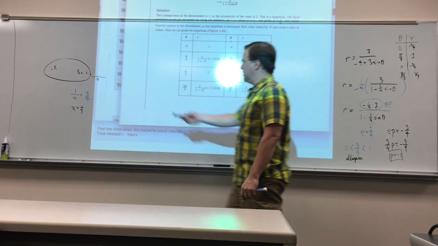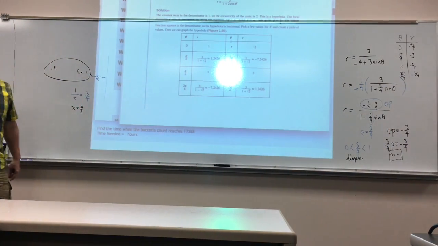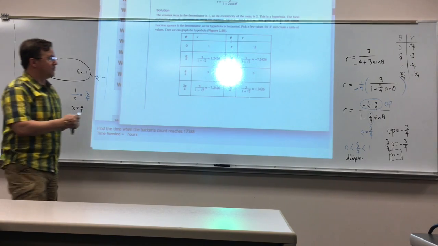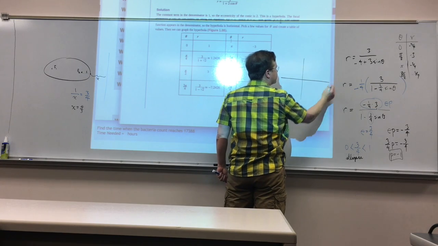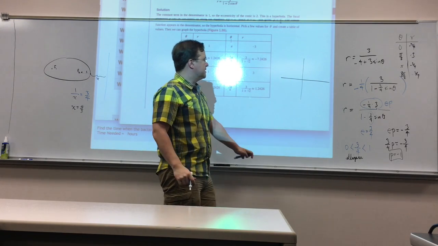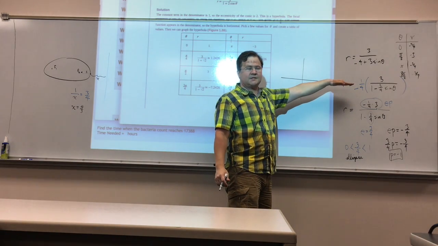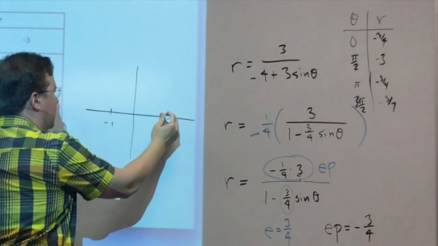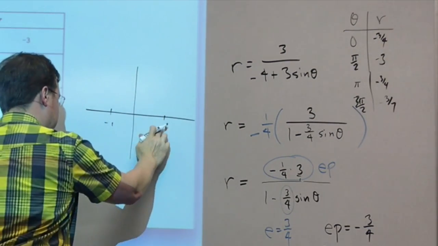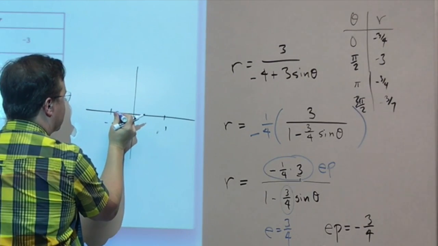So I think I can come up with a better graph than this. I should be able to gather the orientation of it now. You can see now that the graph should look something like this. If theta equals 0, that is to say in the direction of the positive x-axis, the radius is actually negative 3/4. So if this is negative 1, then this would be a point on the graph.